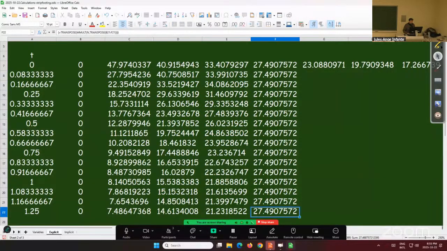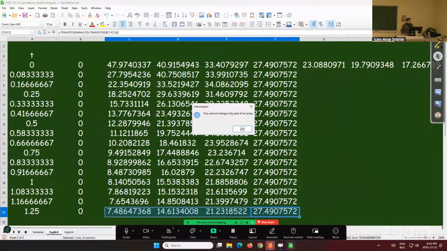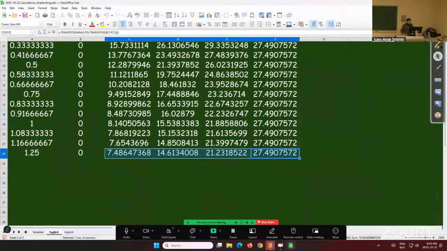Start from the bottom, maybe? Yeah. Not changing part of an array, right? Everything. Change on the part of an array. Yes, but that's the whole thing.